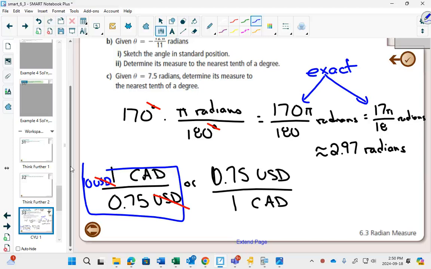Here, if I have 8 Canadian dollars, I would multiply this one by 8 Canadian dollars so that my Canadian unit disappears, and then I've converted to American dollars. This works for any kind of conversion. So if you think about cancelling your units, you can simplify. Okay.